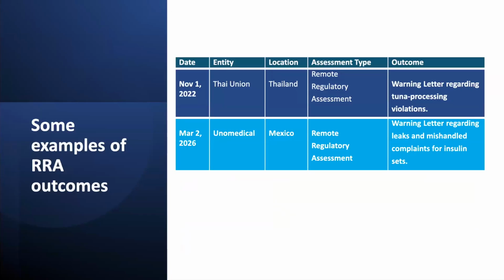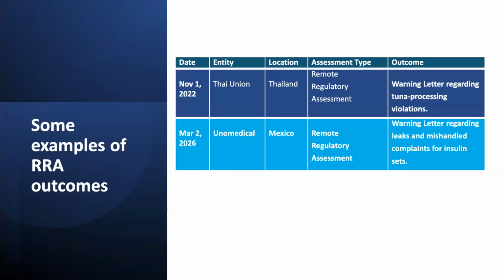So here are some examples of RA outcomes that we pulled from the KeyPedia database. For instance, this company, Thai Union, got a warning letter regarding their tuna processing violations. You might say, well, I'm a drug person. What does this have to do with me?